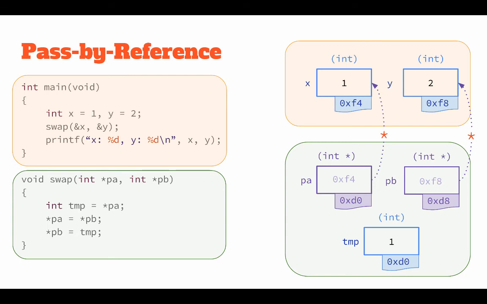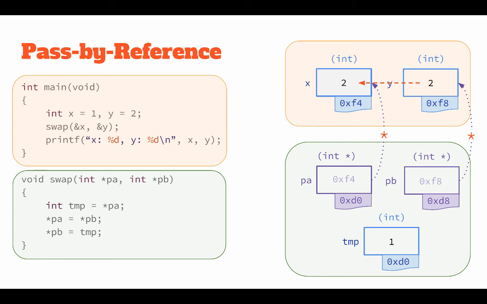And we want to copy the value of PB, which is 2, into the value of PA, which is x's memory slot. So we copy from y into x. And now 2 is in that location. So notice we didn't modify the actual PA variable or the PB variable. Those are still holding the addresses. Because we're following these pointers through, we're actually copying y into x inside of our main memory stack.